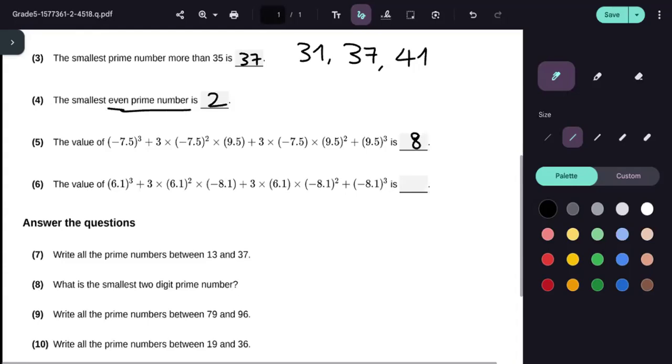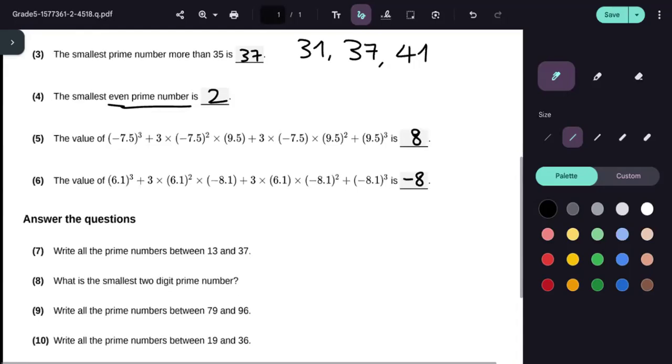Okay, time is up. 2 minutes is up. Those of you who are still calculating, you can calculate still. For those who are done, the correct answer is -8. Hopefully you got these two right.